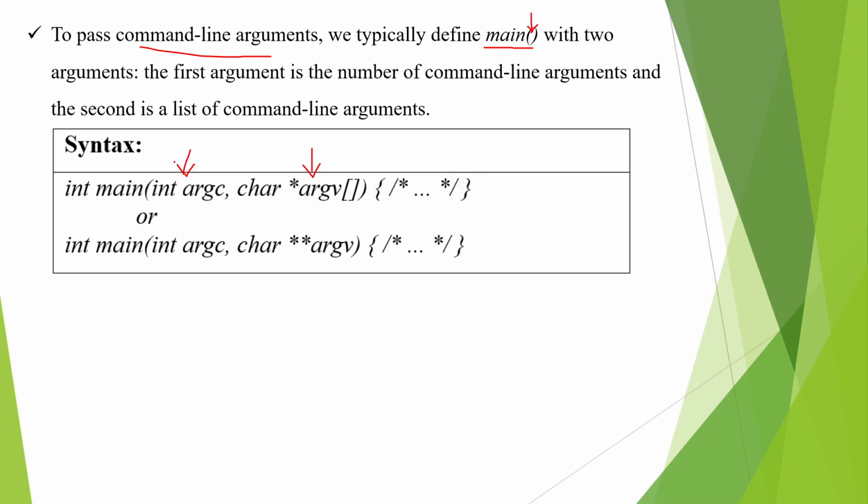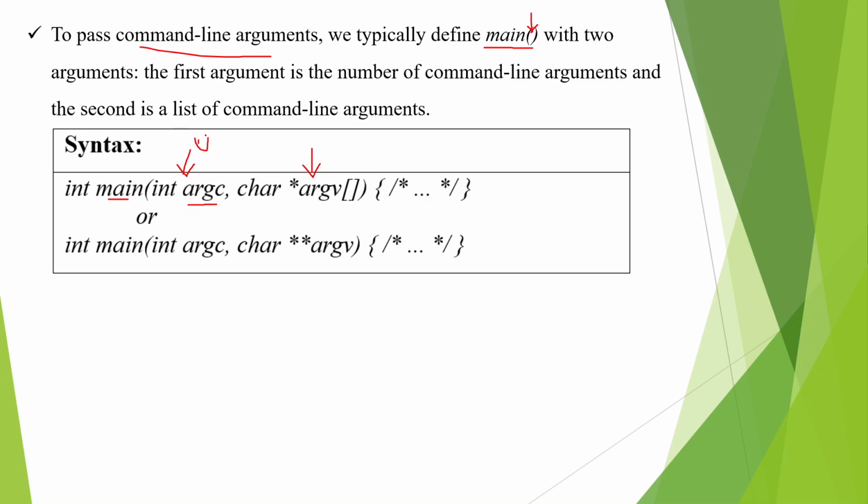The first argument is the argument count, argc, which holds how many command line arguments you are passing: 1, 2, 3, 4, however many you pass. The second one is the argument vector or argument values, argv.